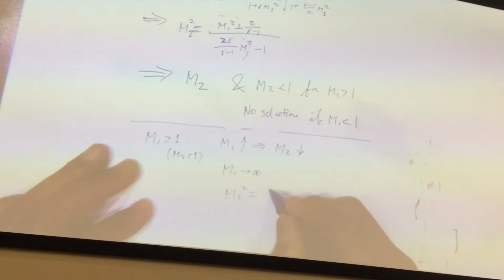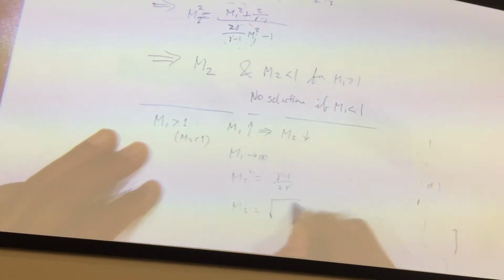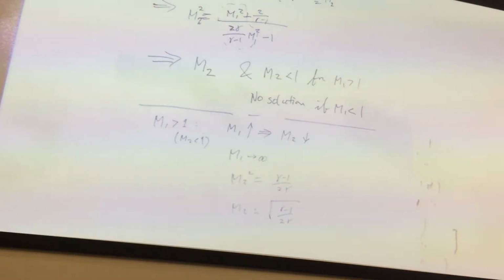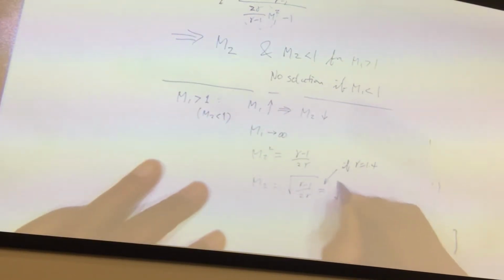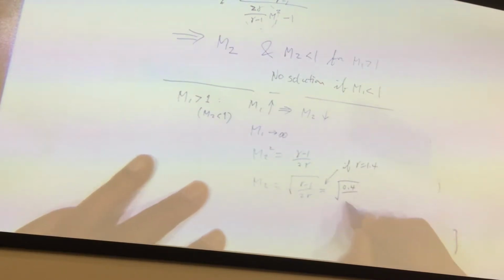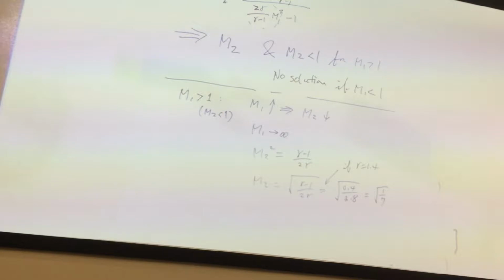So M2 will be equal to the square root of gamma minus 1 over 2 gamma. If gamma is equal to 1.4, what you have is 0.4 over 2.8, so it's equal to the square root of 1/7. So your M2 is probably approaching something 0.3 something.